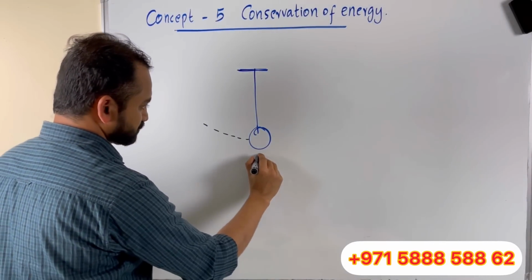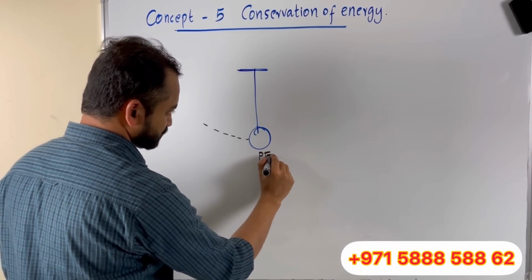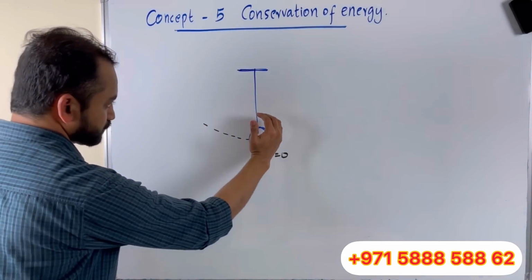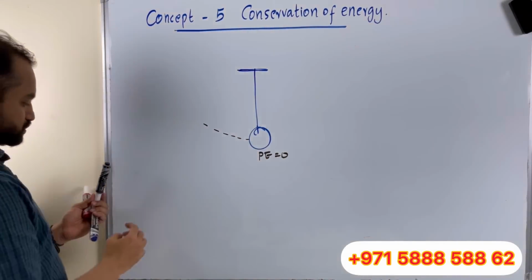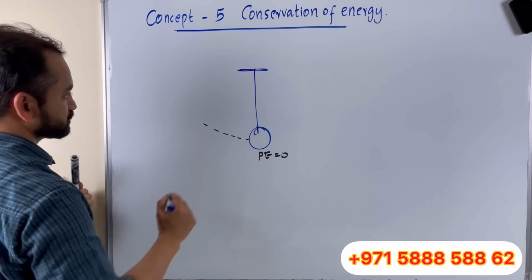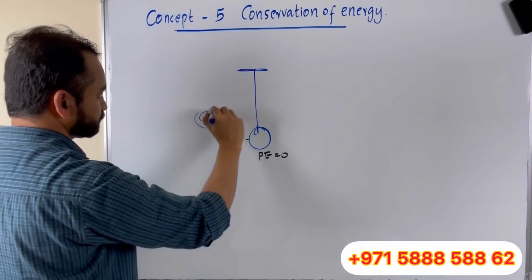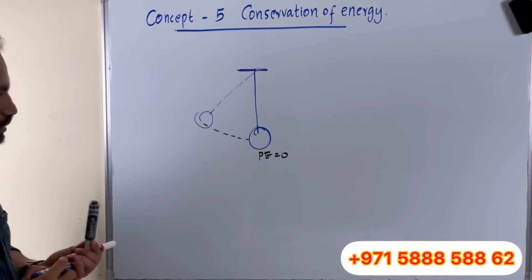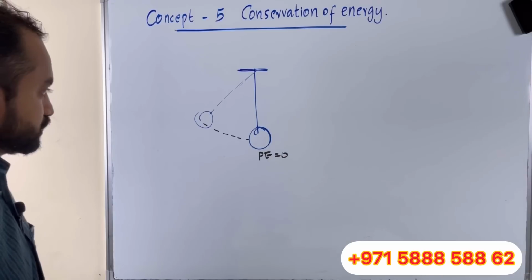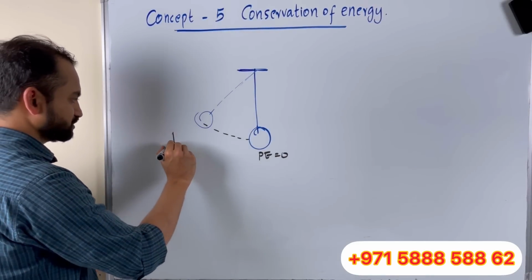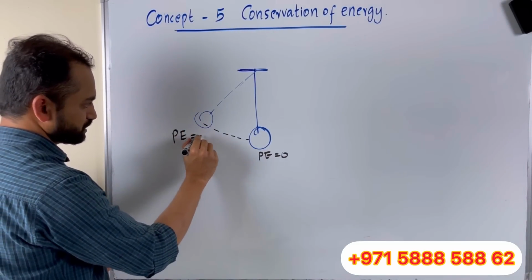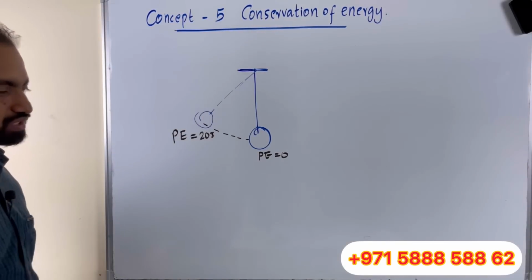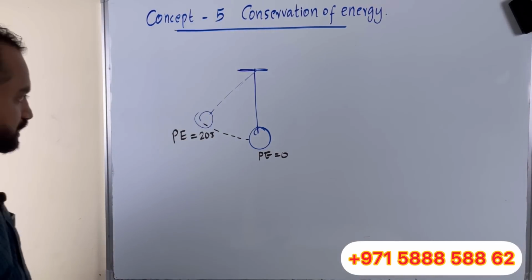So we will consider the potential energy here to be equal to 0. Now it is increased to its maximum height, so it has maximum potential energy. For example, its potential energy here is 20 joule.